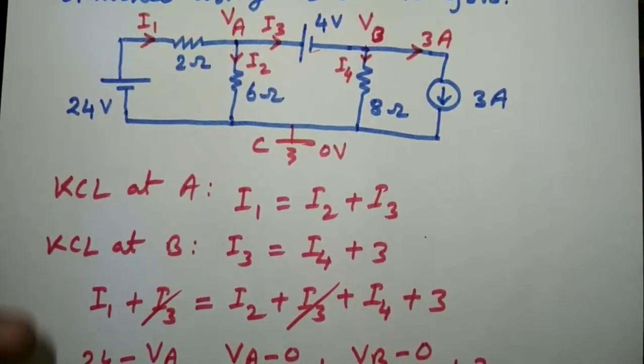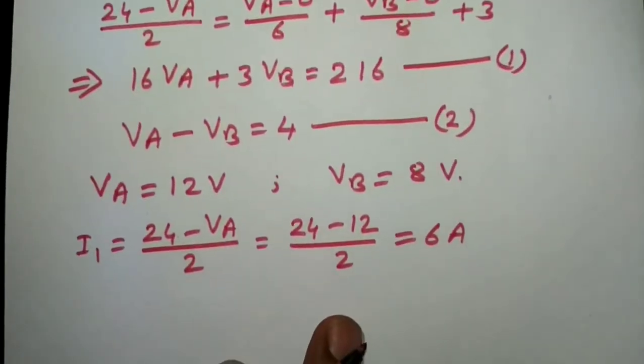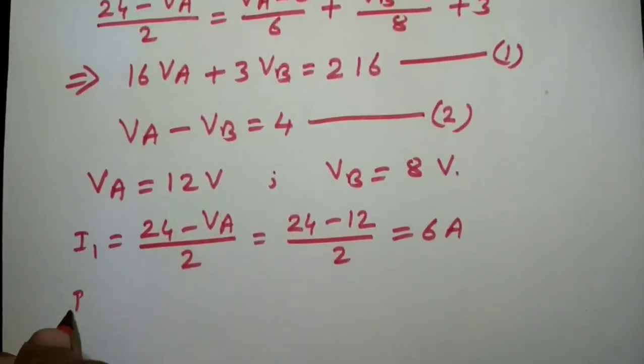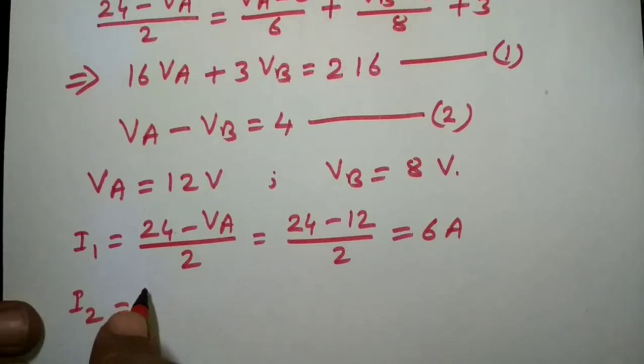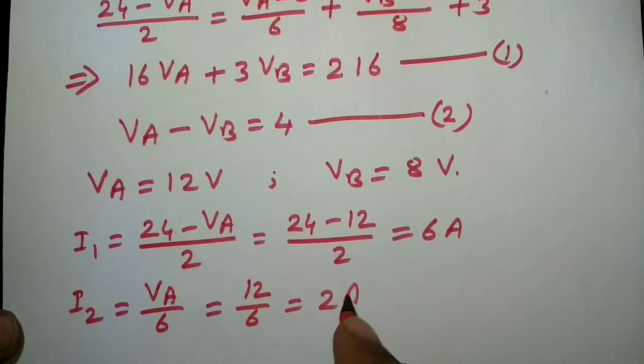I2 is (VA minus 0) upon 6, so I2 is VA upon 6, and that is 12 by 6, which is 2 ampere.